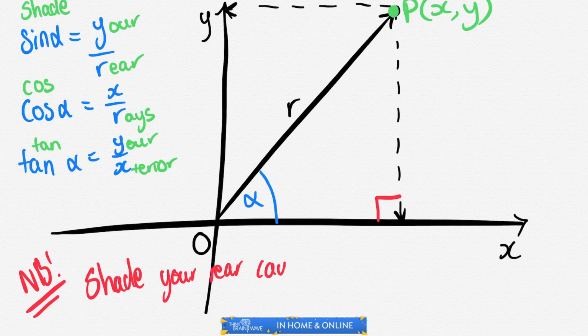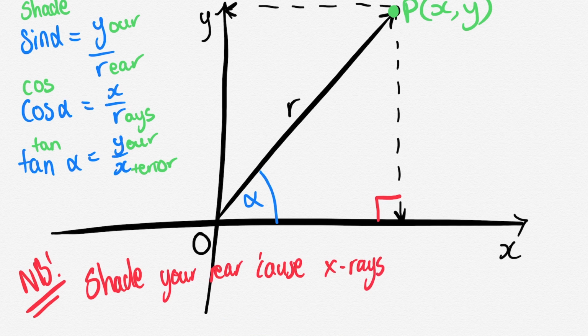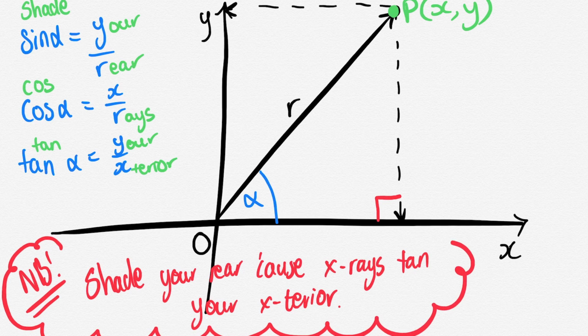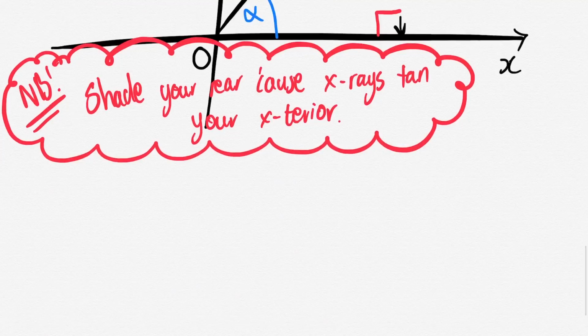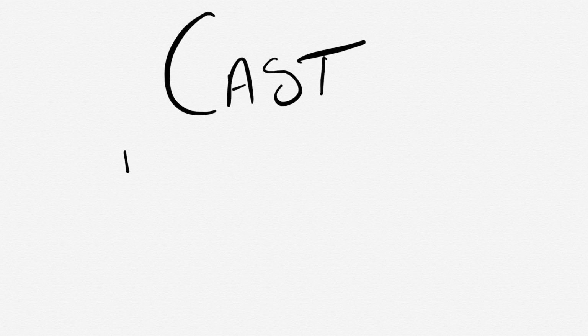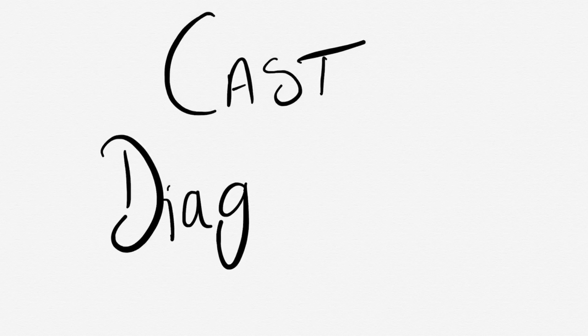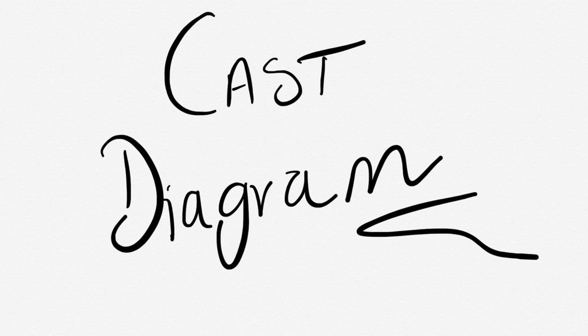You've got the shade part for sine, for y, and the r from your rear for the y over r. And you've got your cause before cos, x rays for x and r, and tan your exterior for tan, which is y over x. So, with that said, let's look at the CAST diagram.